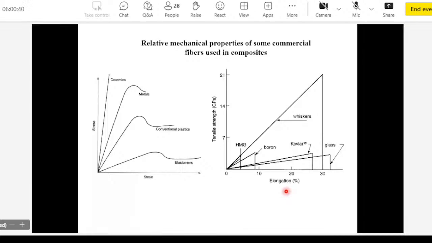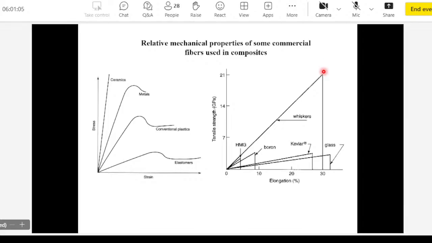And if you look at the tensile strength versus elongation data, this is a graph I showed last time also. But if you look at these data, you can see that the tensile strength can approach 20,000 megapascals or about 20 or 21 gigapascals, especially if you put whiskers in a polymer matrix. Again, whiskers are single crystal short fibers of ceramic materials.